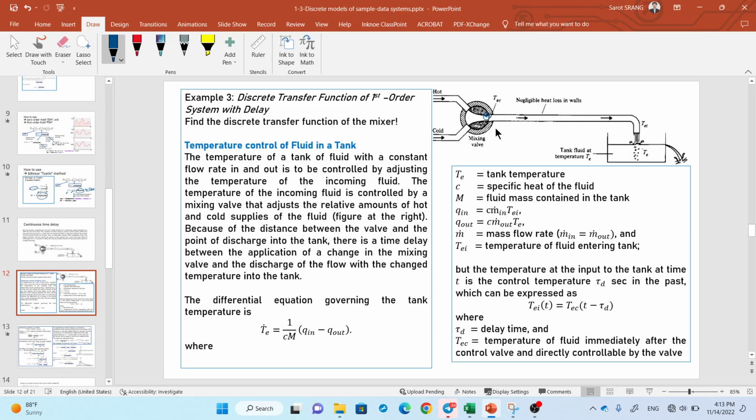Let's say the time that the fluid travels from here to here is tau D, okay, tau D. So it means the temperature input here is the temperature there at time t minus tau D, right?